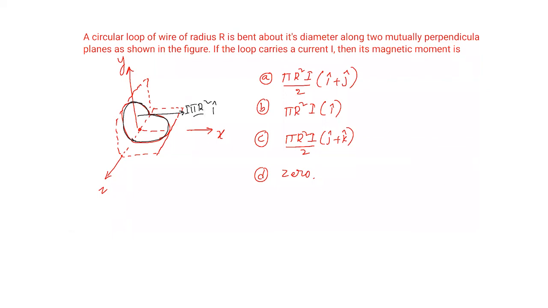Now this will produce magnetic moment like this, perpendicular, I pi r square by 2 j cap. Now write that in vector form: I pi r square by 2 is common, so I cap plus j cap.